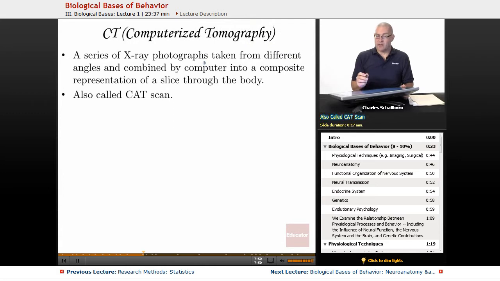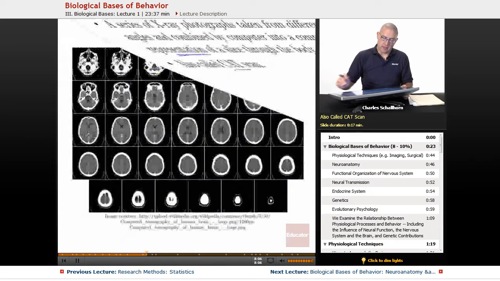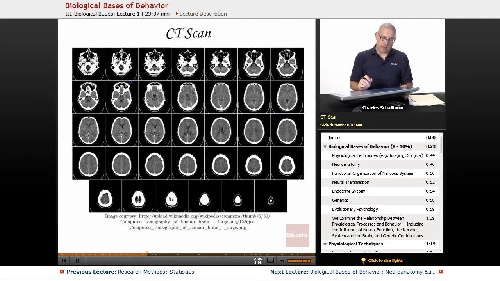CT scan, otherwise known as a CAT scan, as it's mentioned here, a series of X-ray photographs taken from different angles and combined by a computer to form a composite image of a slice through a particular part of the body. And so we're looking at a representation. And here's what a CAT scan would look like, or a series of CAT scans.